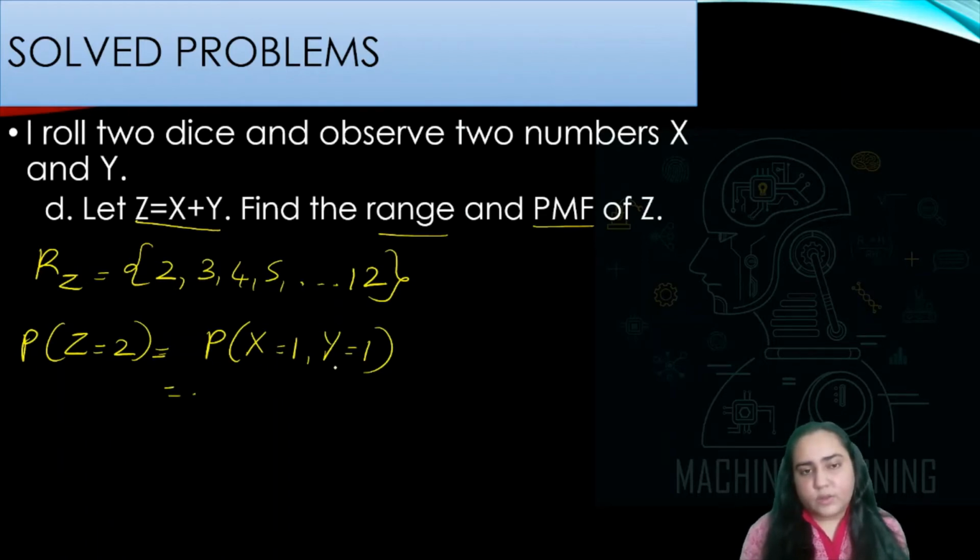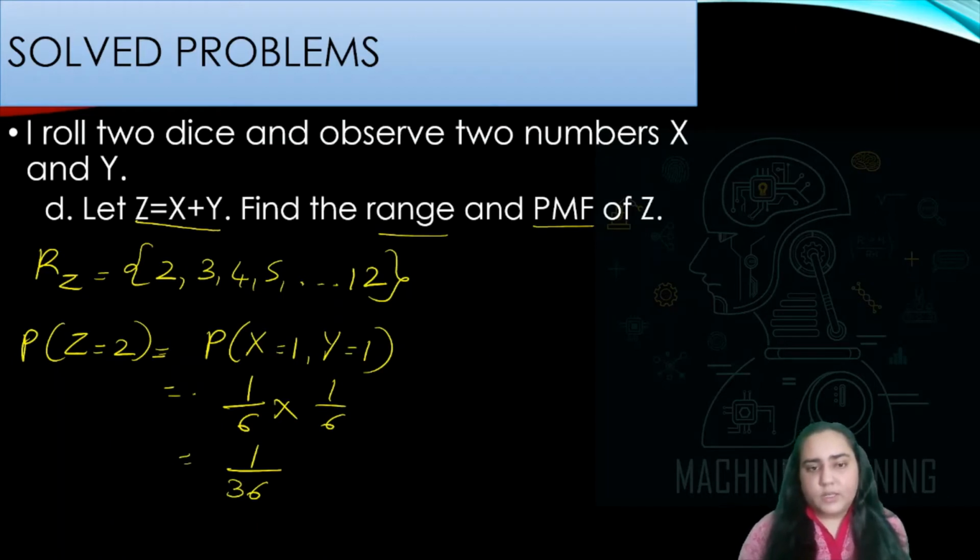When x is 1 and y is 1, probability of x equal to 1 is 1 by 6, and probability of y equal to 1 is also 1 by 6, which means probability of z equal to 2 is going to be 1 by 36. So that's how you can get probability of z equal to 2.